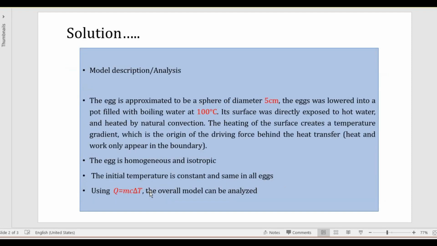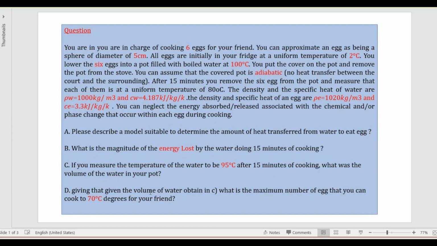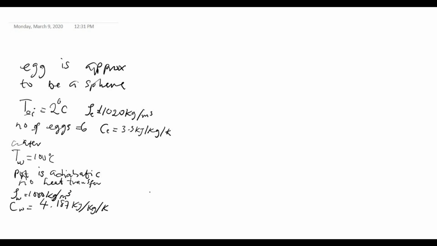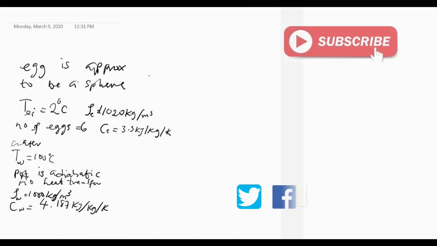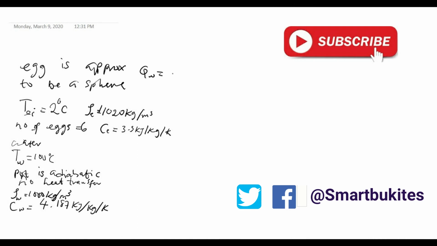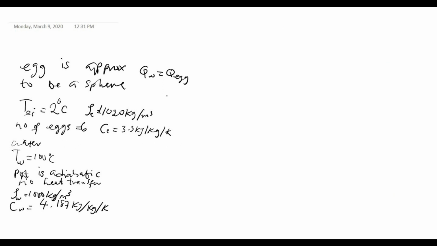So our second question is, what is the magnitude of energy lost by the water during 15 minutes of cooking? So the amount of heat from the water is equal to the amount of heat gained by the egg. So during the 15 minutes, the water lost heat to the egg.